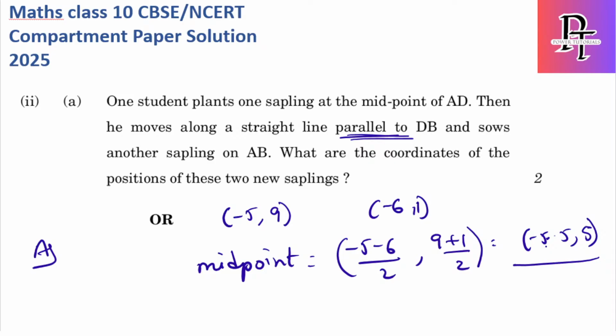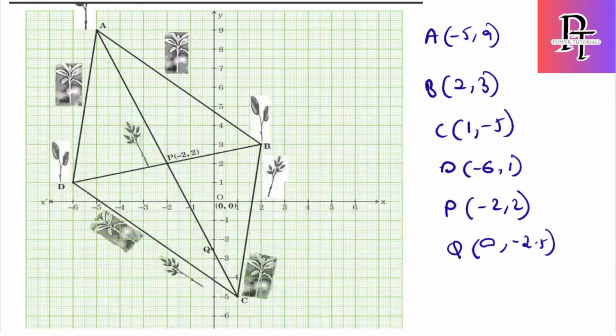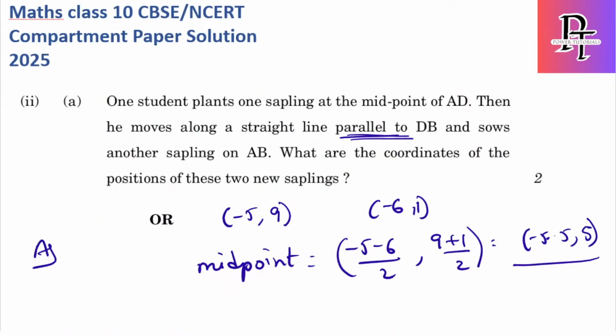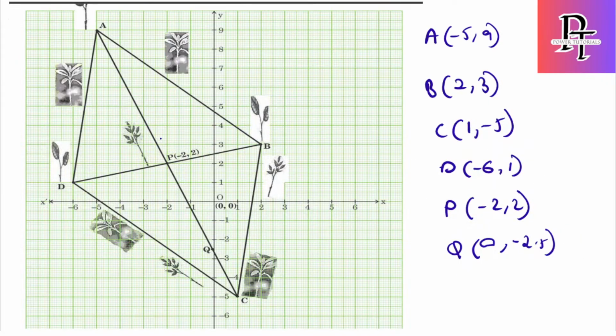Okay, if I mark this point in the graph, let's solve in this way. Minus 5.5 comma 5. So minus 5.5 is here, and the 5 is here. So this is the point, midpoint of AD.